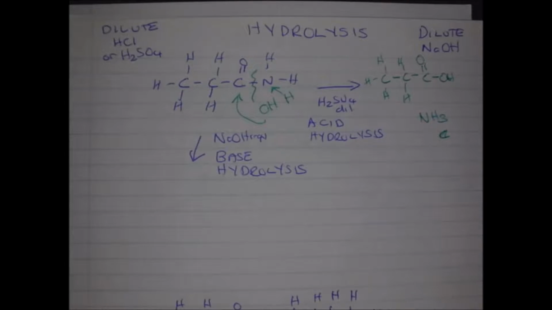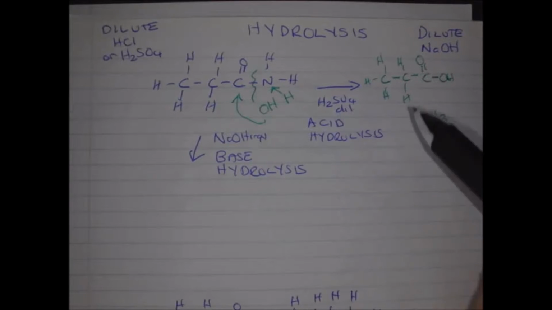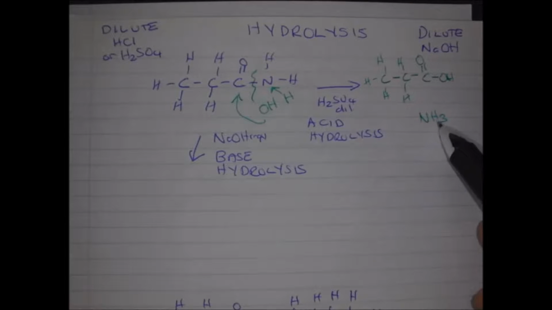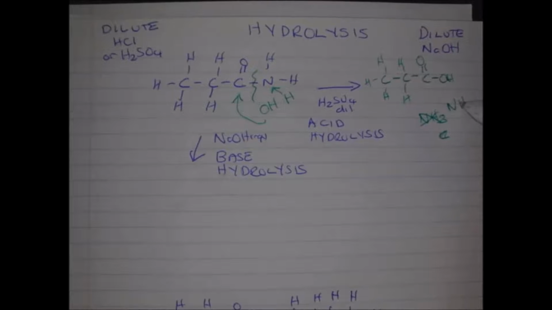Now this is under acid conditions, and under acid conditions this acid is going to stay an acid. But this is a base, and it will actually end up becoming protonated because a base will accept a proton. So instead of being NH3, it will in fact become NH4+. Okay? And that's a similar thing you'll see all through this.